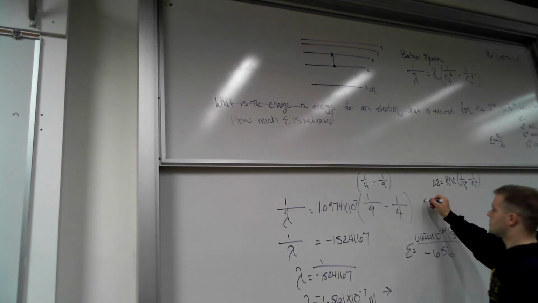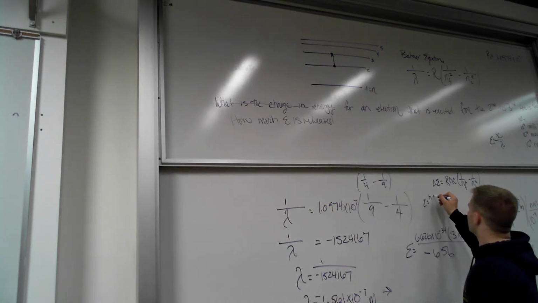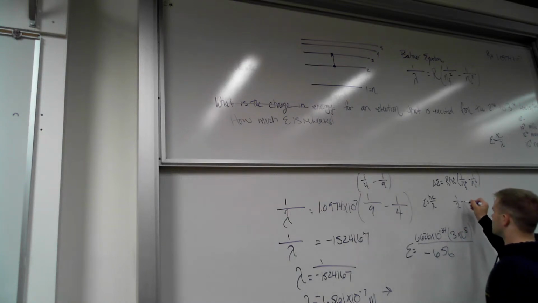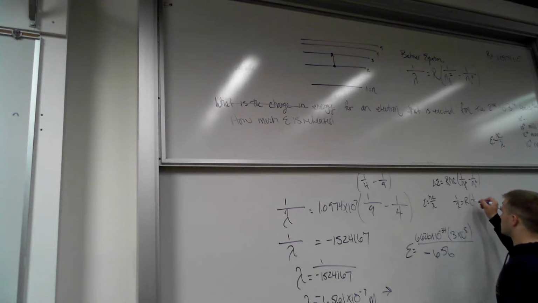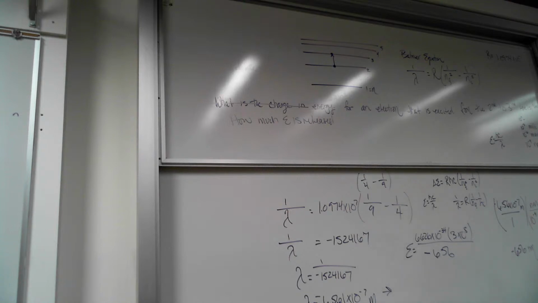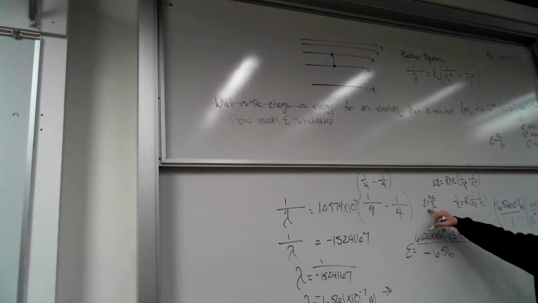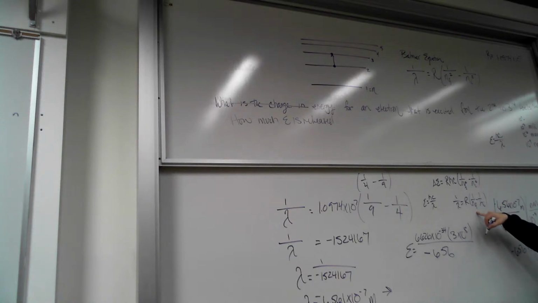If you know that energy is equal to hc over lambda, and you know that 1 over lambda is equal to R times 1 over n final squared minus 1 over n initial squared, then if you multiply through and isolate your energy, you'll end up with this. Does that make sense? Fantastic.